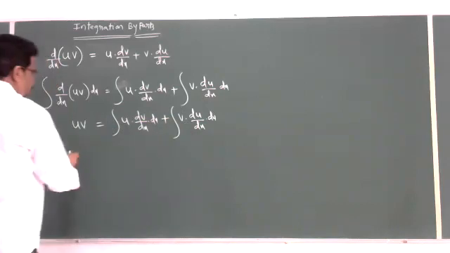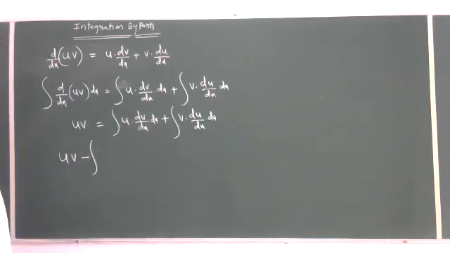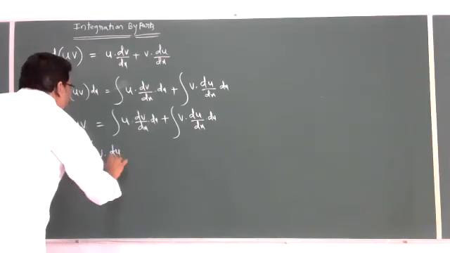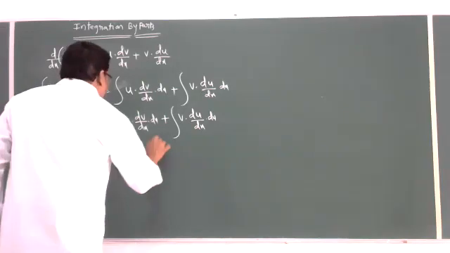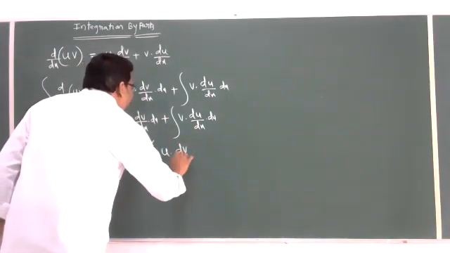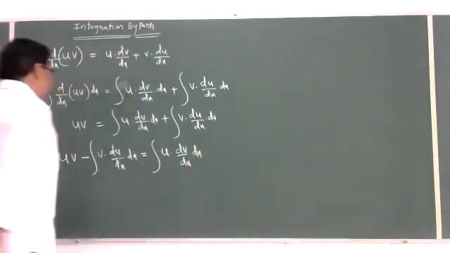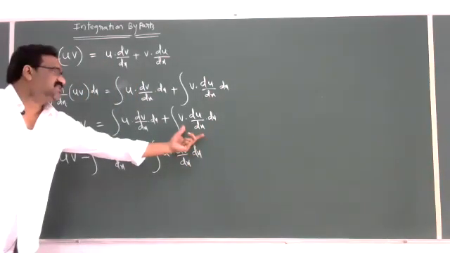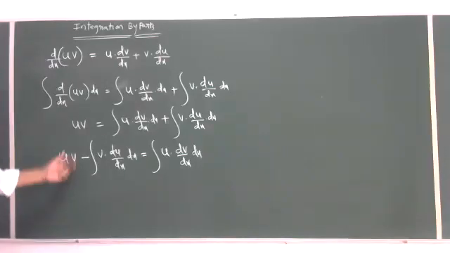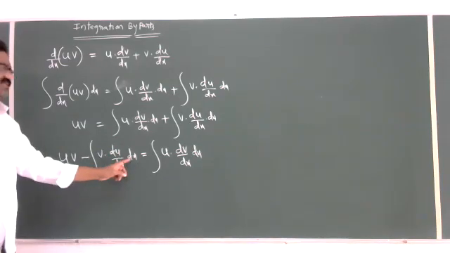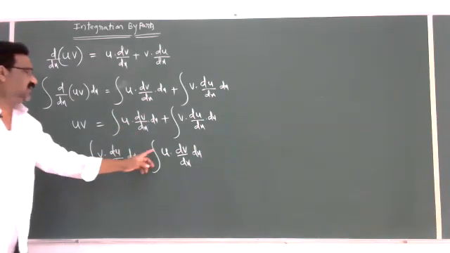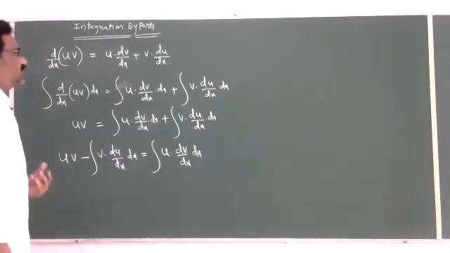You bring this integral to this side: minus integral V into du by dx dx is equal to integration of U into dV by dx dx. So UV minus integration of V into du by dx dx is equal to integration of U into dV by dx dx.